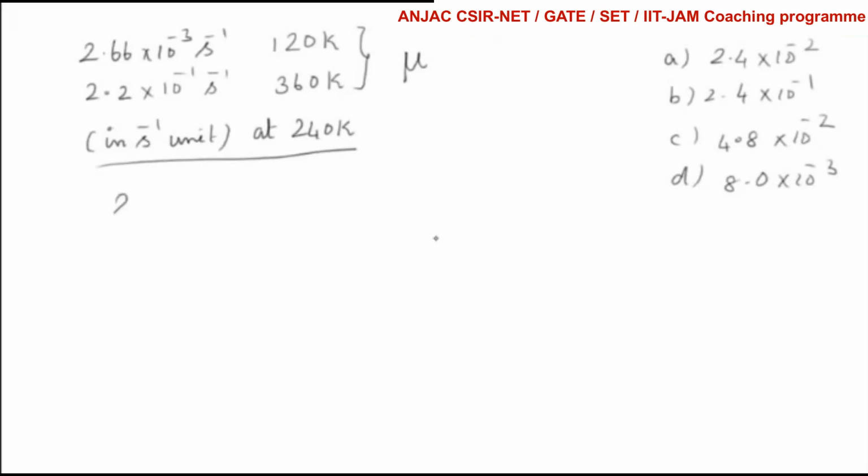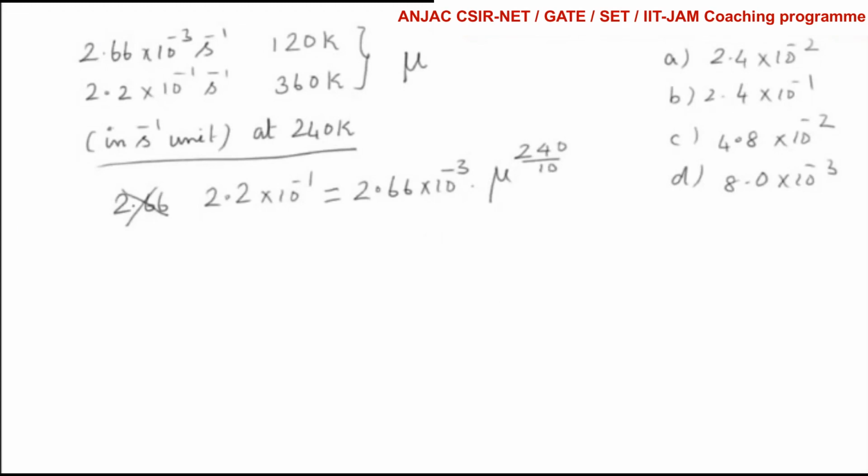That is, the higher rate, 2.2 into 10 power minus 1, is equal to the rate at low temperature, 2.66 into 10 power minus 3, into mu into delta T. Delta T is the difference, 240 by 10, multiples of 10.